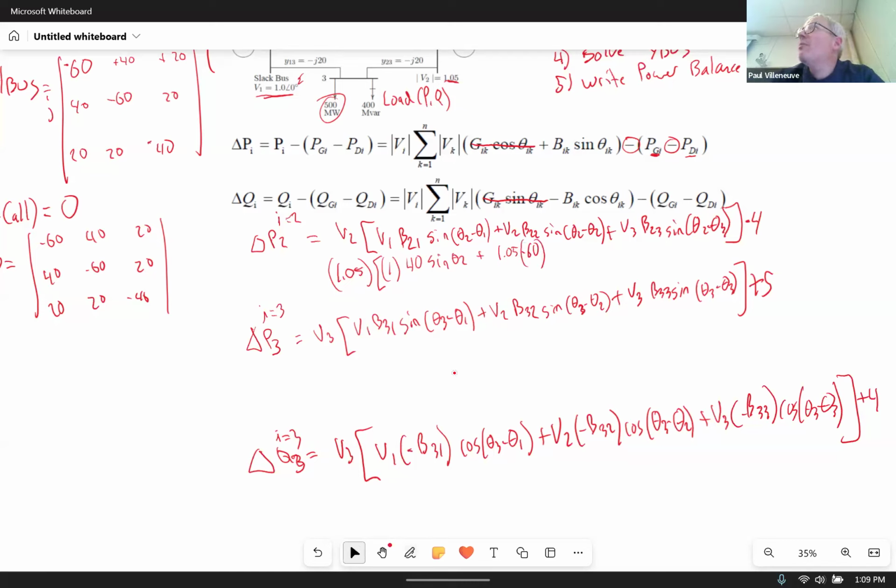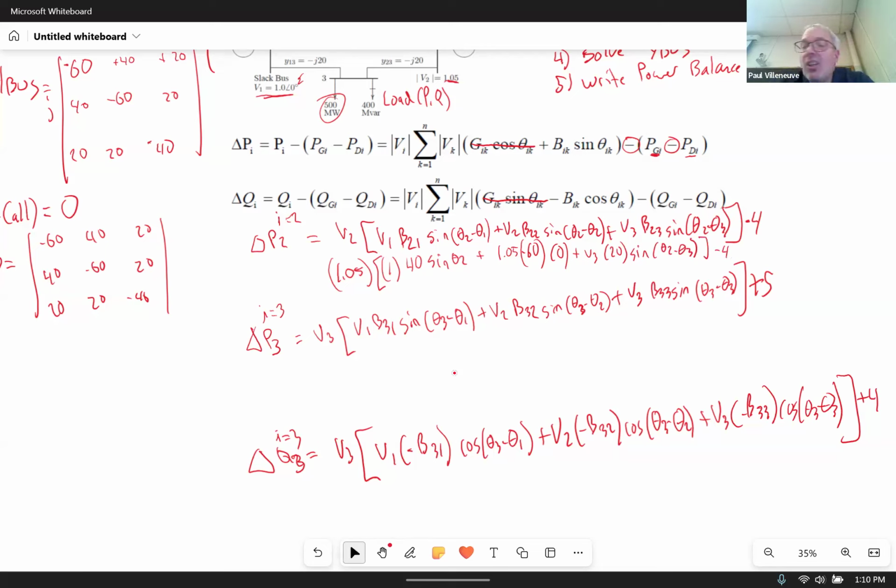Now I have the sine of theta 2 minus theta 2. That's always going to be equal to 0, right? So sine of 0 is equal to 0. So that middle term goes away. And plus V3, B23, 20 sine theta 2 minus theta 3. And then I subtract 4.